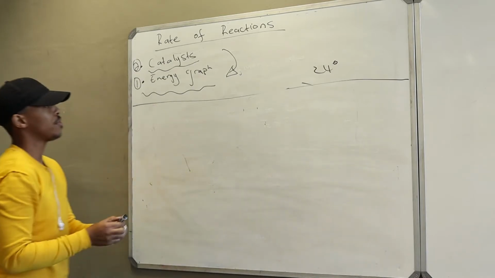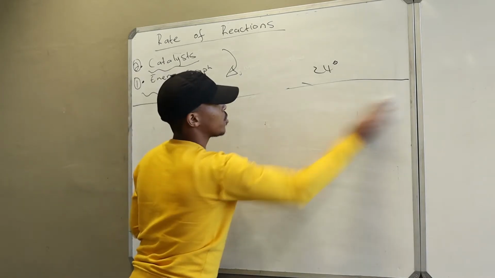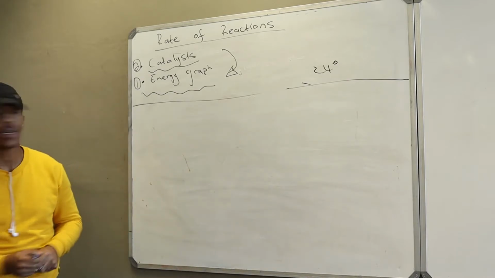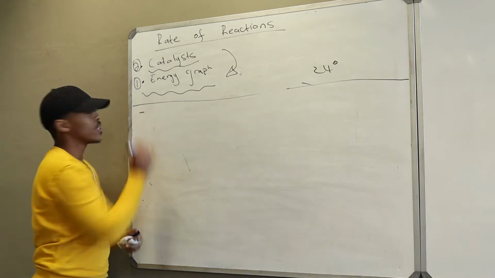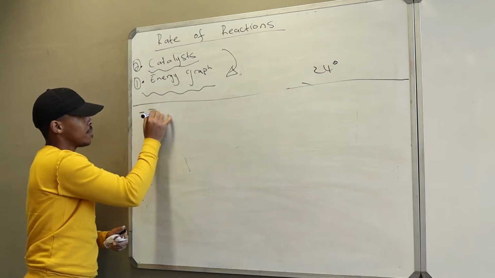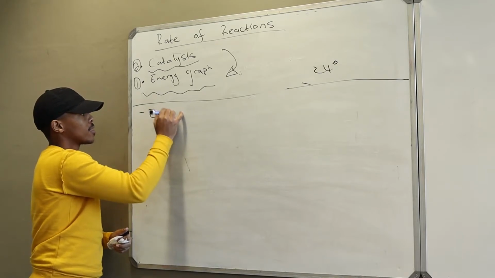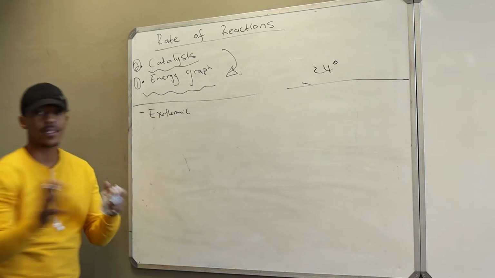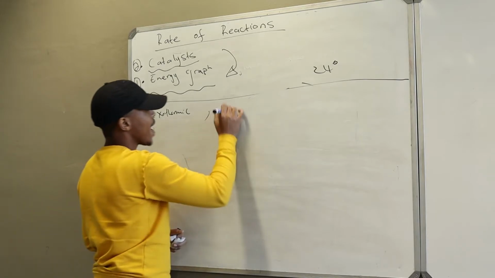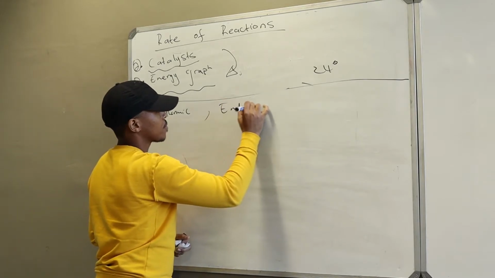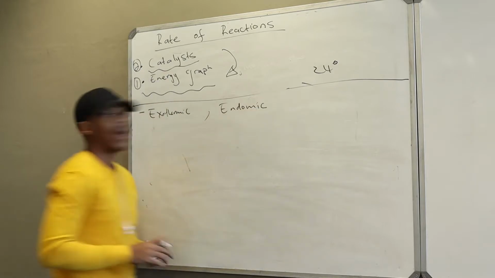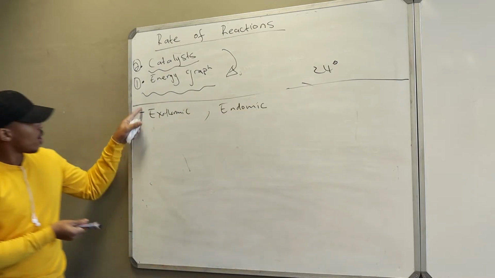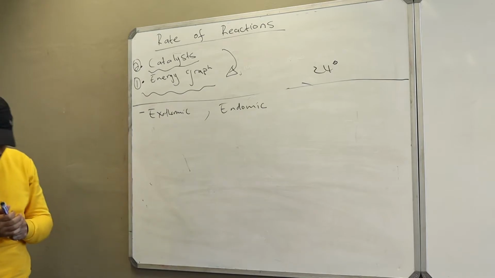Now this energy graph will teach us about two kinds of reactions. Okay? The first reaction is exothermic. The second reaction is endothermic. Okay? Now these energy graphs are going to explain the difference between the two.